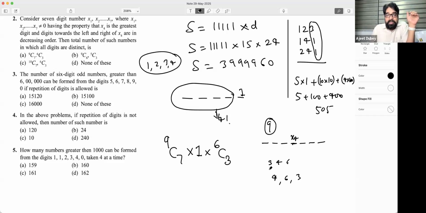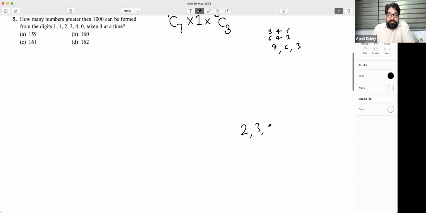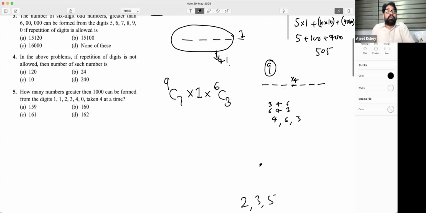But this is decreasing order, sorry, 6, 4, 3, this way. So one order. Whenever order is there, if I say I have to arrange 2, 3, 5 in increasing order, how many ways can I arrange? Only one way. If I say arrange in decreasing order, then also only one way, 5, 3, 2. Whenever order is mentioned, only one way.